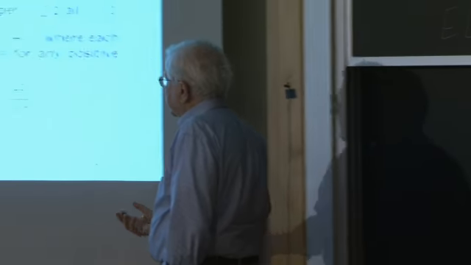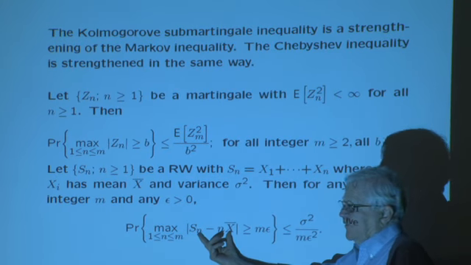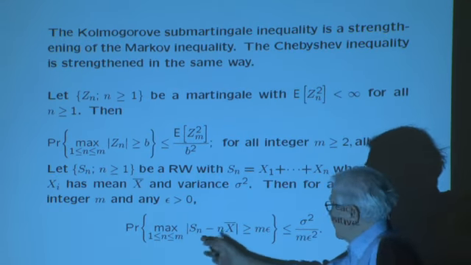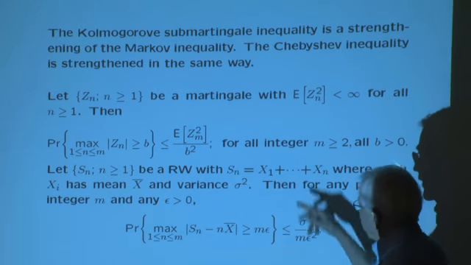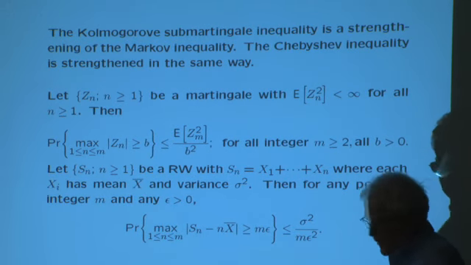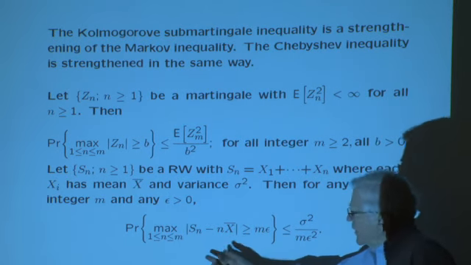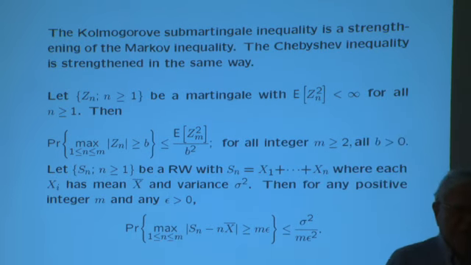So you take the expected value of this quantity squared, and it's m times the variance of X. So this then becomes sigma squared times m divided by m squared times epsilon squared, and the m cancels out. Okay, so this gives you the Chebyshev inequality with the extra feature that it deals with the whole sum from 1 up to m.